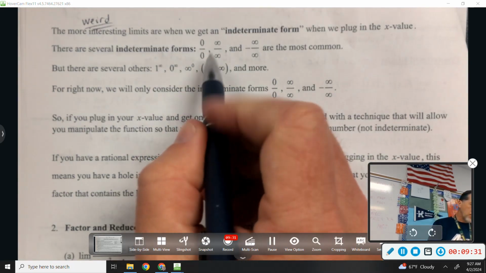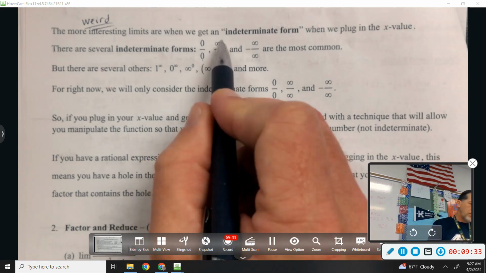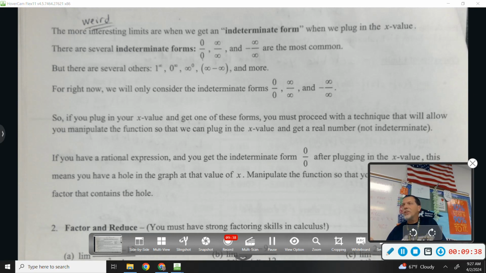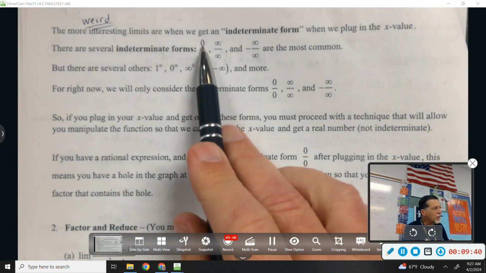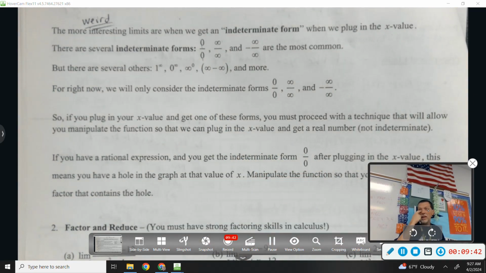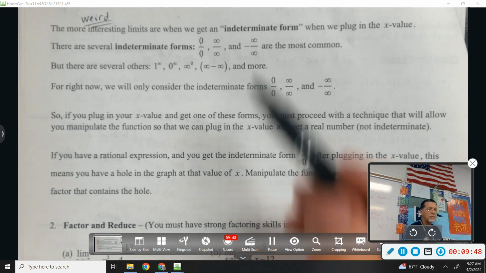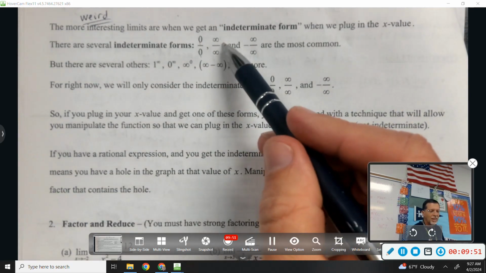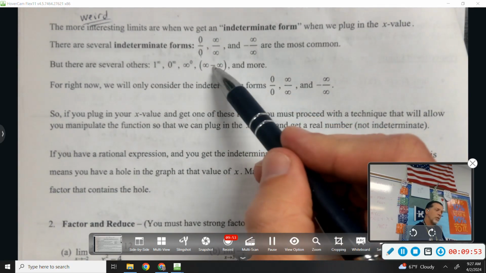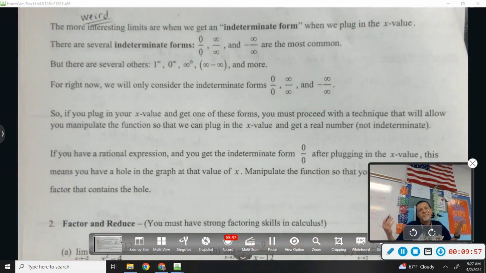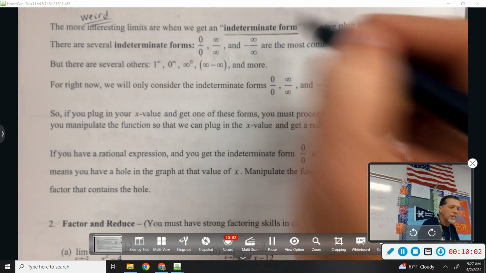Indeterminate forms are 0 over 0, infinity over infinity, negative infinity over negative infinity, because you don't know what you're going to get, right? If I have a really small number divided by a really small number, well, which one is smaller and which one is bigger? It's hard to tell if it's just 0 over 0. Same thing with infinity over infinity. Is that infinity because it's getting bigger, or is it 0 because we're dividing by infinity, or does it just equal 1 because they reduce? It depends. How big are the infinities? That's why they are indeterminate.